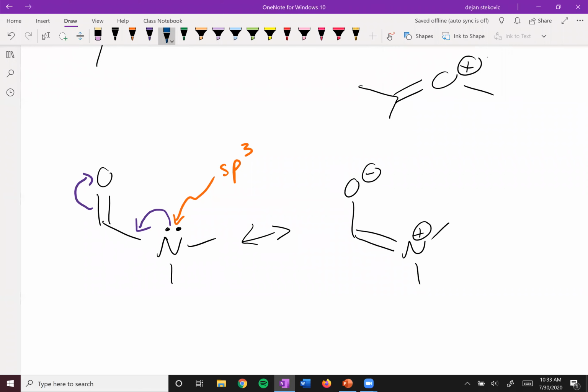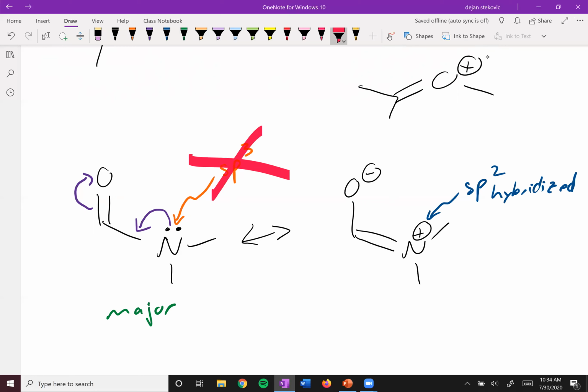And in this case, now this nitrogen is actually sp2 hybridized. Right? Because it's only got 3 things attached to it. And it's true that the one on the left is the major contributor. However, we look at this experimentally and we see that this nitrogen is actually flat. It's trigonal planar. And so it is indeed sp2 hybridized, right?